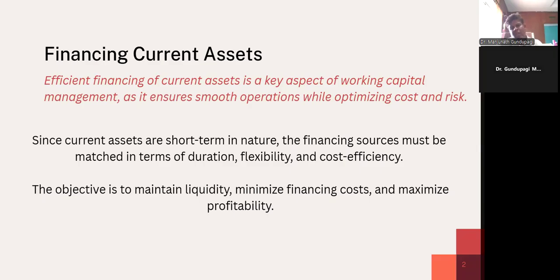Current assets are short term in nature. The financing sources must be matched in terms of duration, flexibility, and cost efficiency. The objective of financing current assets is to maintain liquidity, minimize financing costs, and maximize profitability.